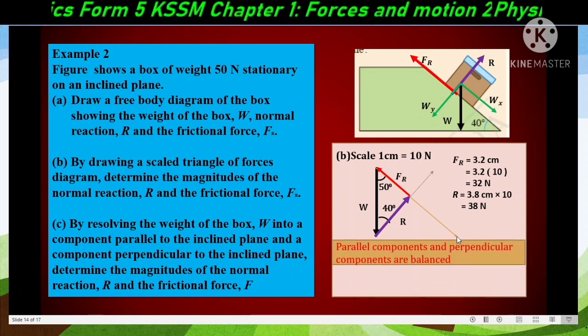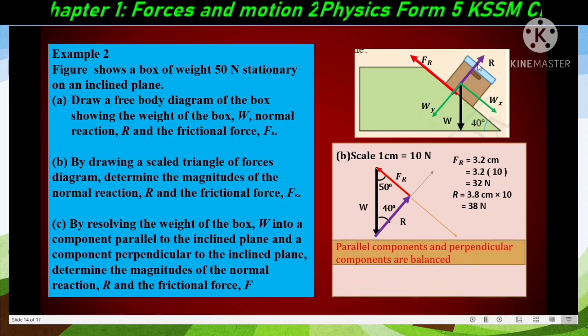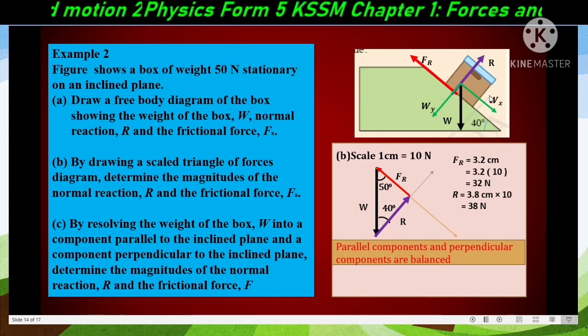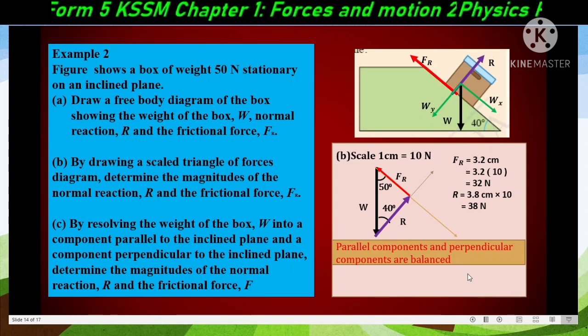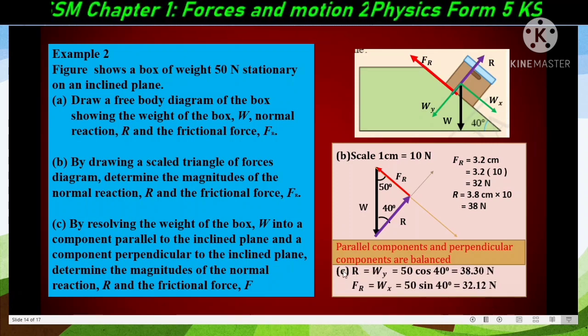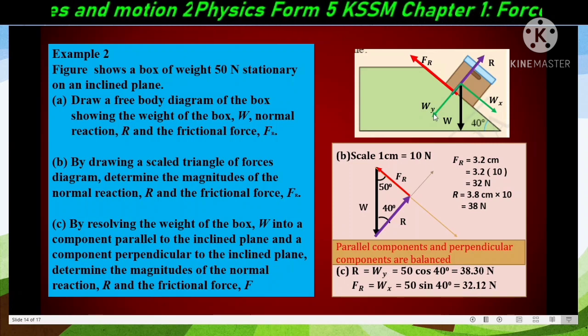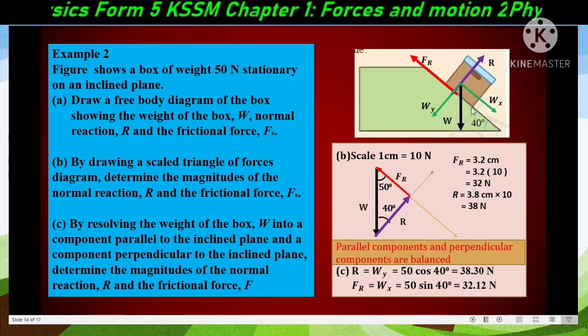Because of that, we can state that R equals WY, and FR equals WX. Thus we can get the answer. R equals WY, WY equals 50 cos 40.